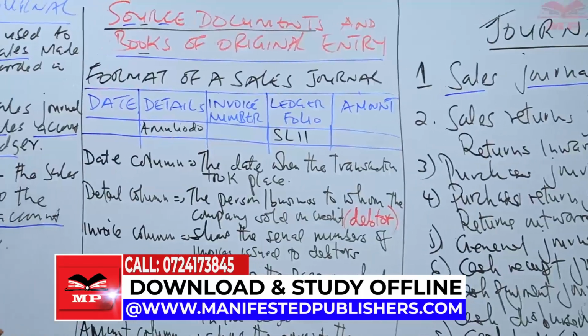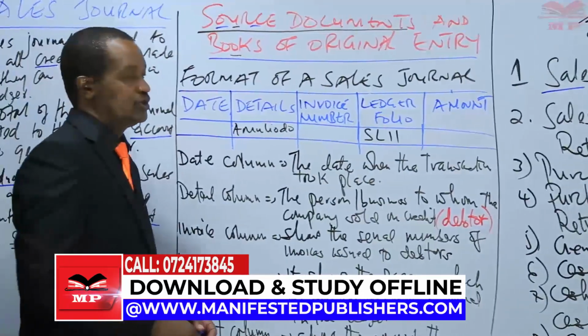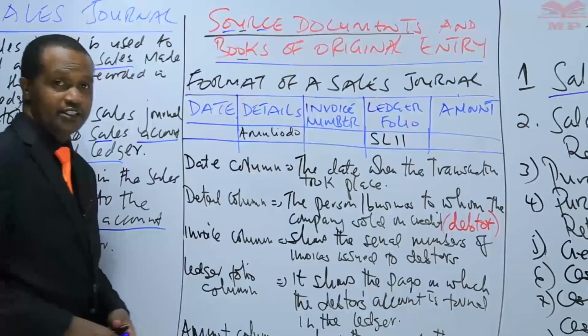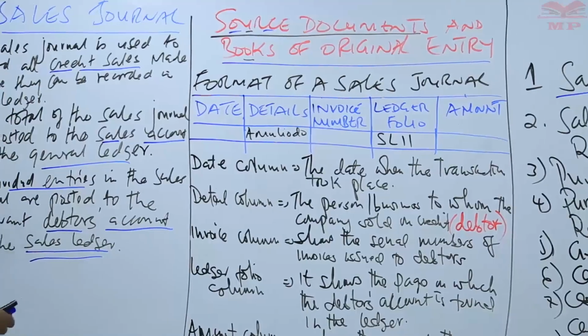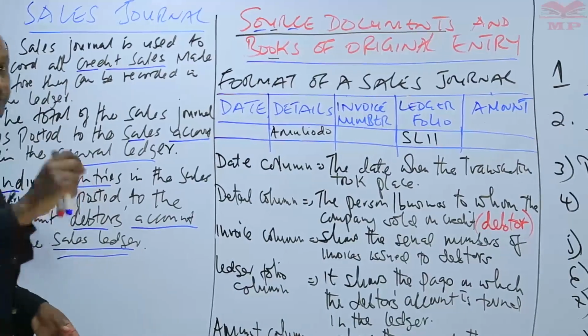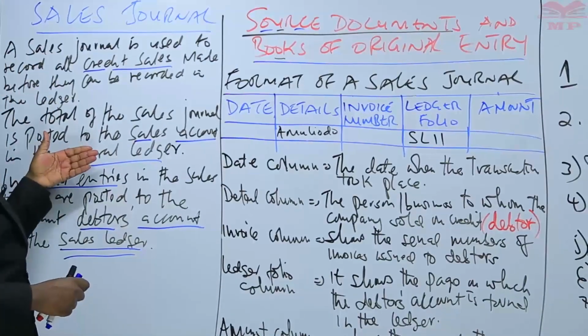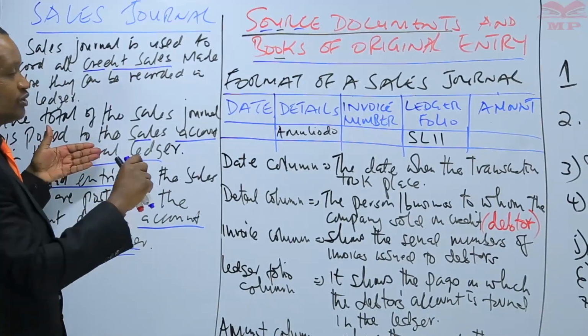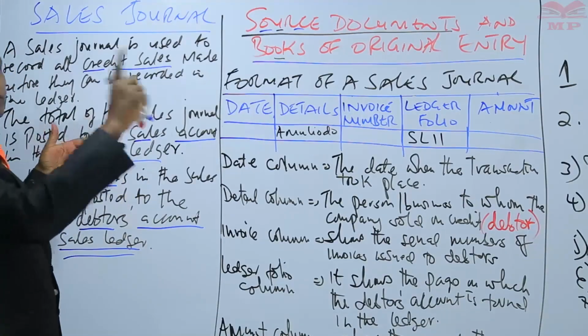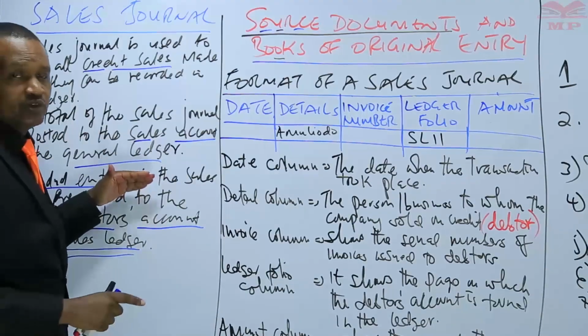Then I have picked the first journal, which we have discussed in this lesson, the sales journal. I have defined what a sales journal is. I have given the purposes of a sales journal and what happens after preparing the sales journal. The totals on the sales journal, I've said, are posted to the sales account in the general ledger.